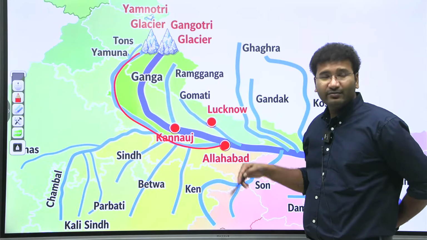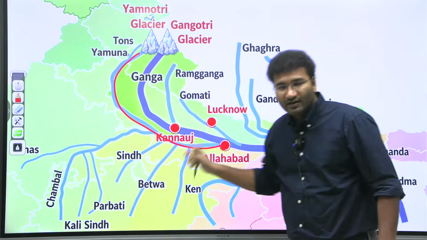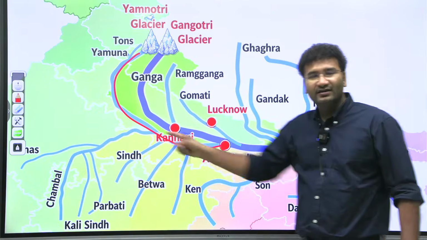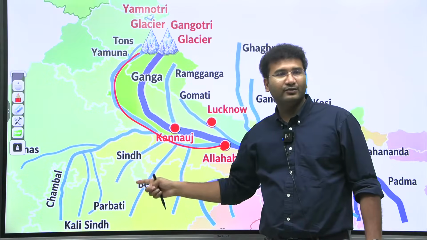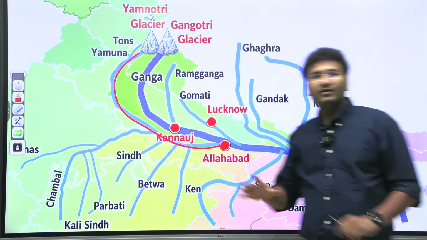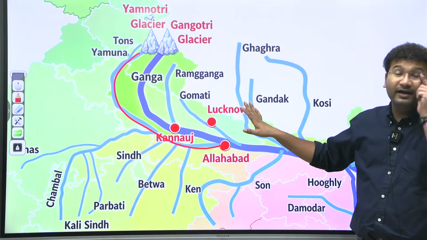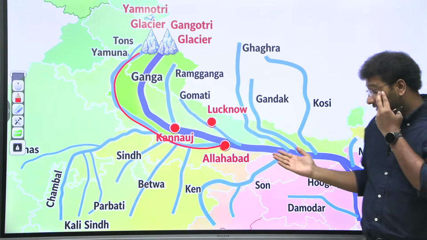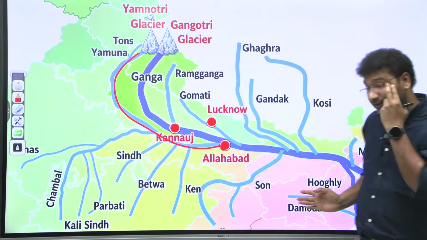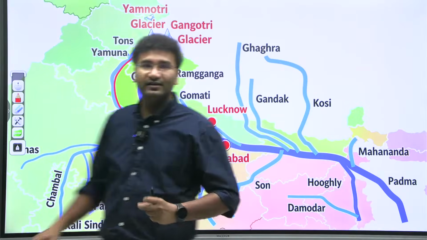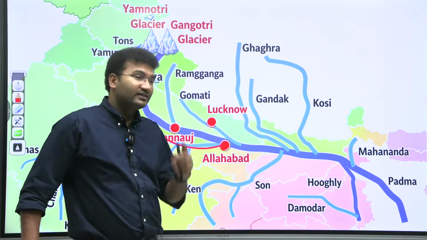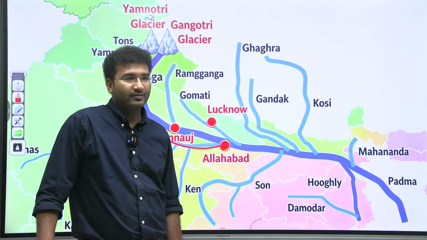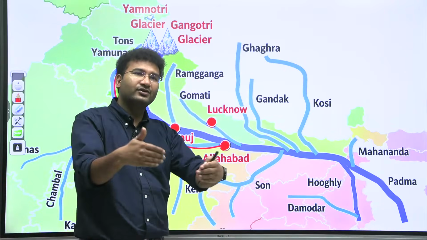So right bank tributaries are Yamuna. Yamuna tributaries are Chambal, Sindh, Betwa, Ken. But Ganga tributaries of the right bank are Yamuna, then Son. Yamuna and Son are the tributaries. Hooghly is a distributary, not a tributary. Tributary is something which comes and joins.